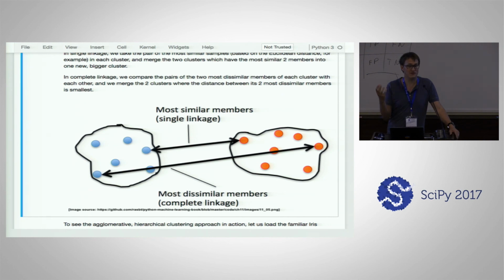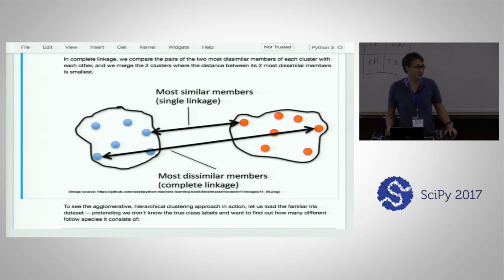Because now you have 99 clusters, but some are just 1 point, and some are multiple points. Option 1 is to use what people call single linkage. The next clusters that need to be merged are the ones for which the minimum distance between any of the points is the smallest.